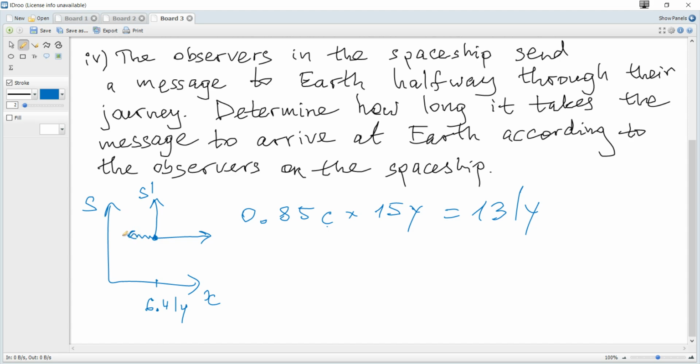It's light actually, so it travels with the speed of light.